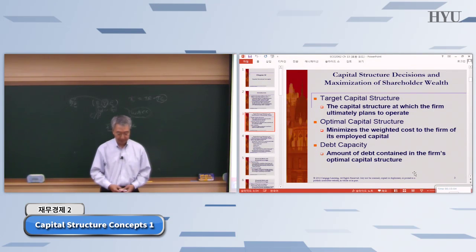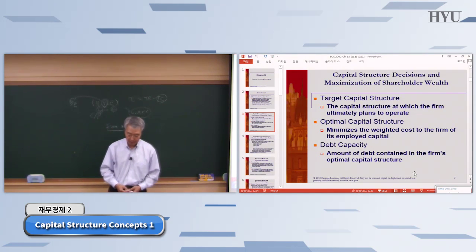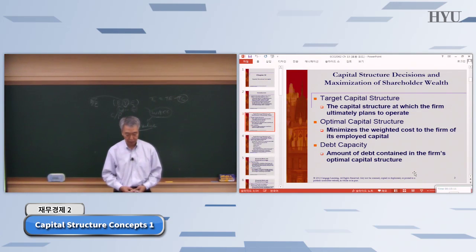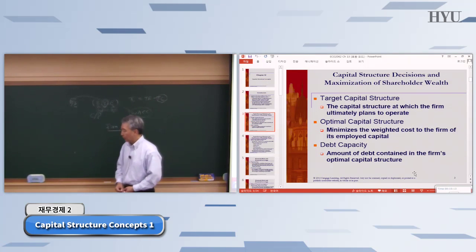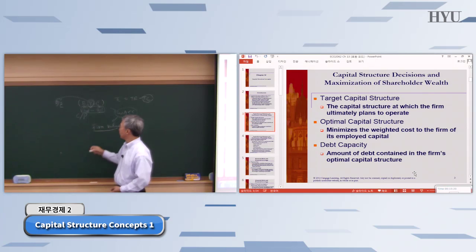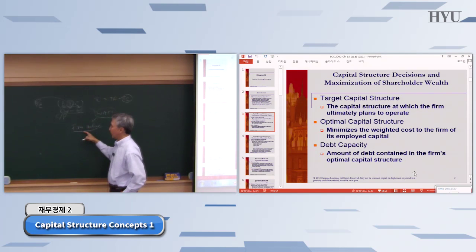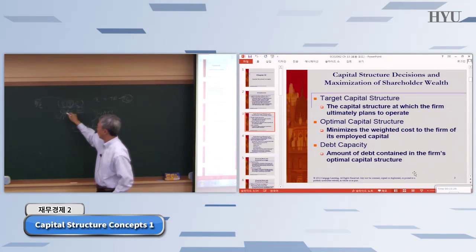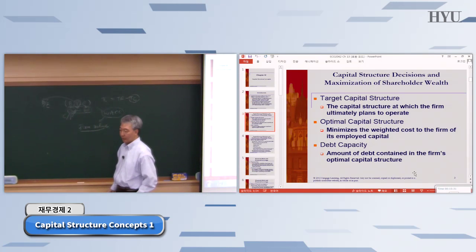Debt capacity is the amount of debt contained in the firm's optimal capital structure. So assuming this is their optimal capital structure, that means when they are at their best situation, maximizing firm value, they can have 30% of their total capital in debt.